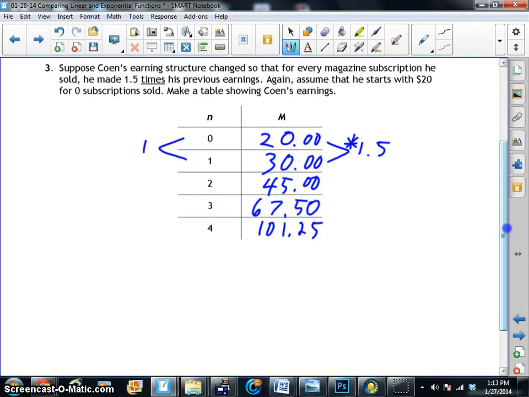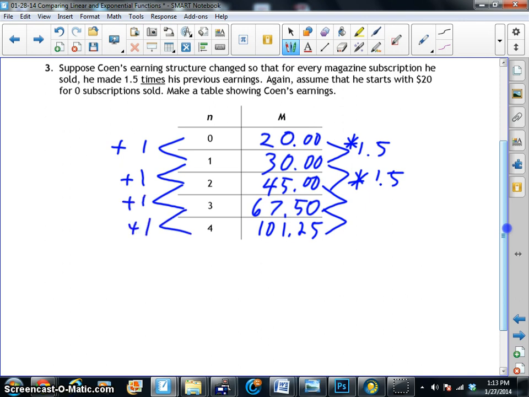So as we add, we multiply by 1.5. Same thing for the next one. We add, we multiply by 1.5. And it just goes on for every single one of these. As we add 1, multiply by 1.5.